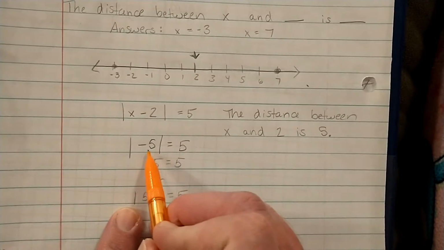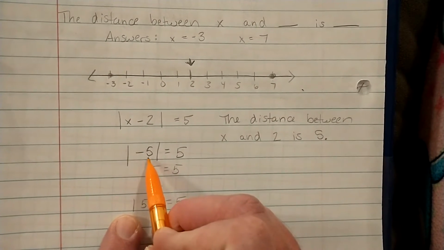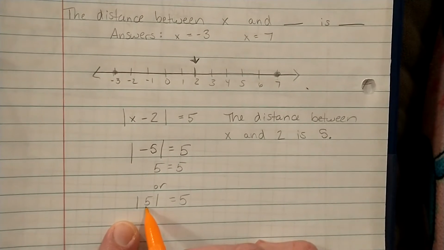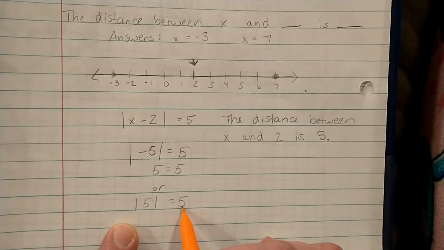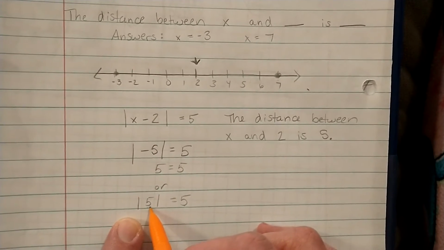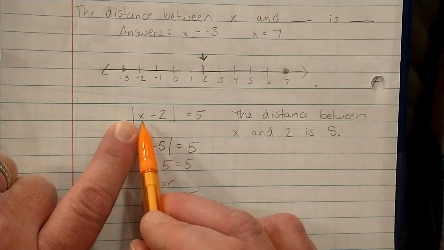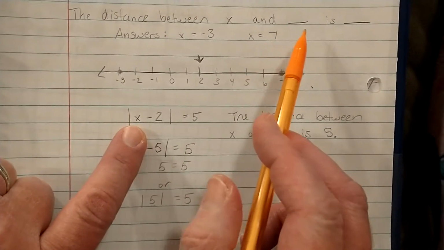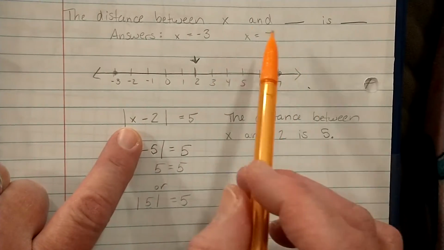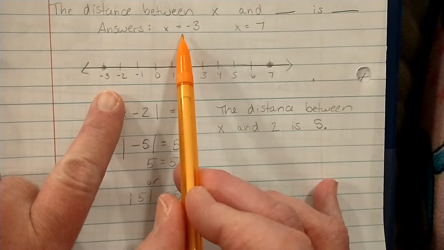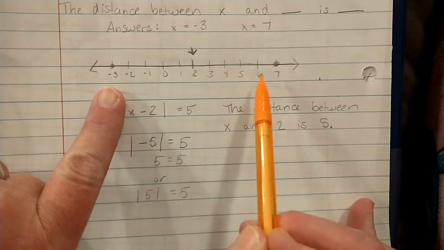The distance that -5 is away from 0 is 5, and the distance 5 is away from 0 is also 5. So on the inside, it can either be negative or positive. But the way they worded this is the distance between x and something is something, and you know the answers are -3 or 7, okay?